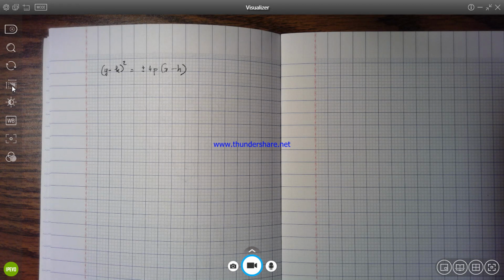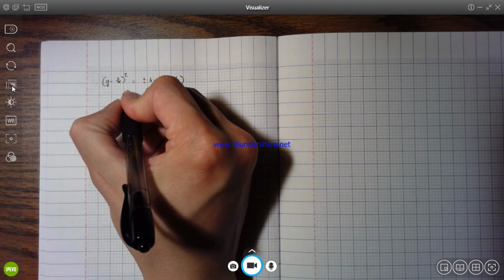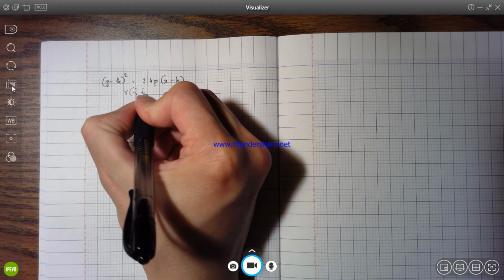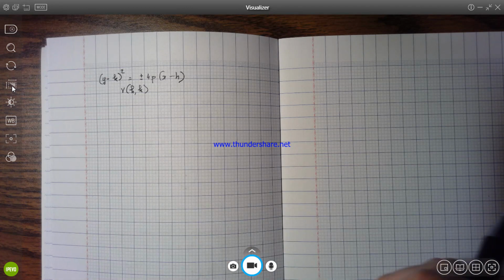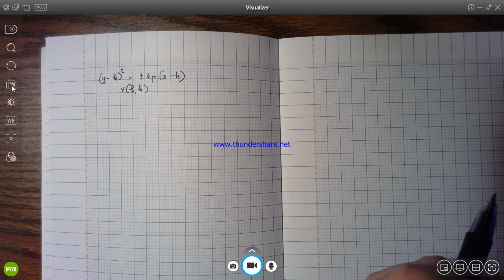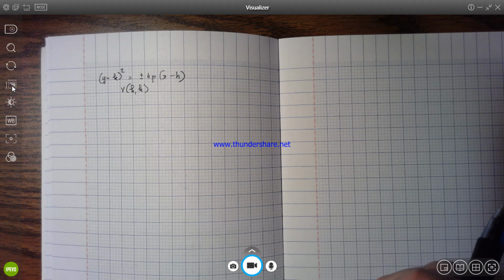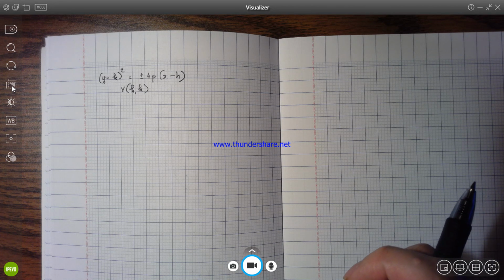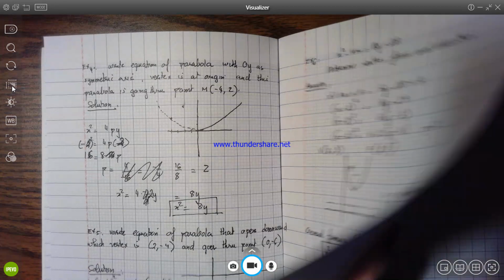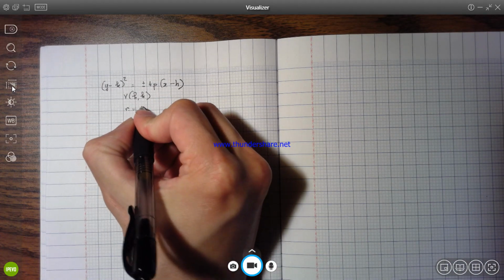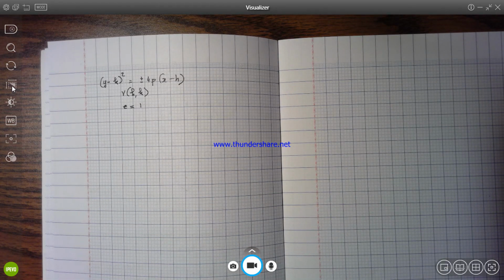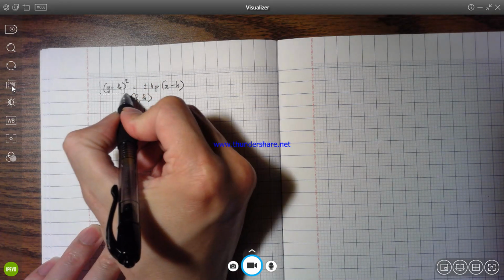So the vertex over here will again be h, k. And because the vertex is not at the origin, it's good if we go ahead and sketch it so we can get the coordinate of the focus. Don't ever use the formula without understanding anything. The eccentricity is still 1. So this is the second formula for the horizontal parabola.